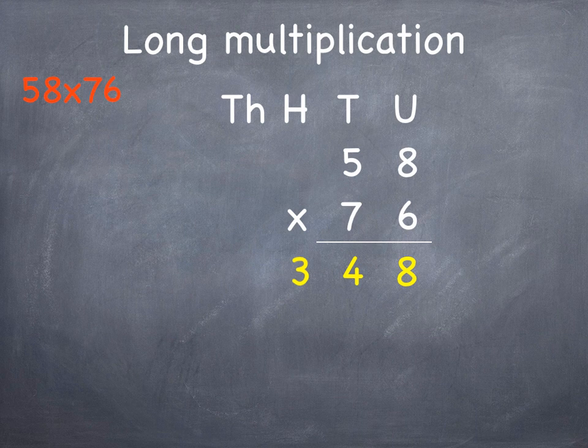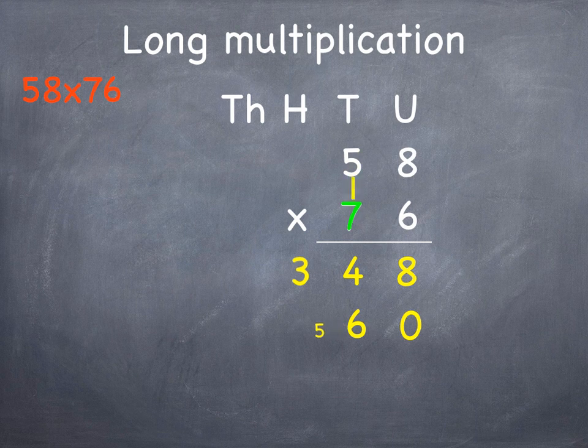In step 2, I multiply by the 7. But remembering that the 7 is really a 70, I need to put a 0 here, and then simply multiply by 7. First of all, 7 times 8 is 56. I've shrunk the 5 down, and it moves to the hundreds column.